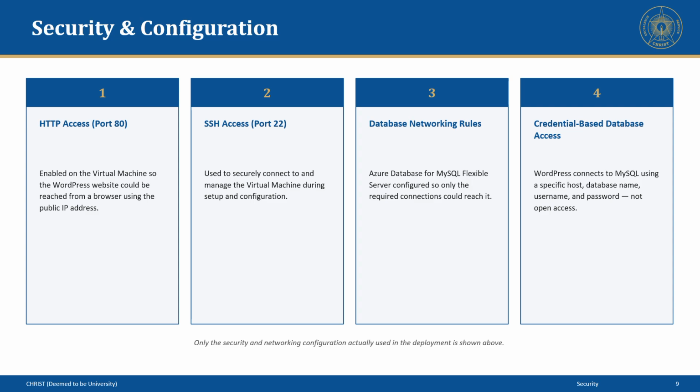On the database side, I configured the required networking rules so that the database could be accessed by necessary connections. WordPress also connected to MySQL using specific database credentials rather than relying on completely open database access. Therefore, the configuration focused on allowing only the connectivity required for the deployment.